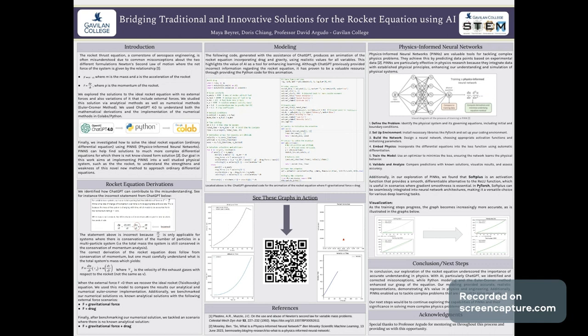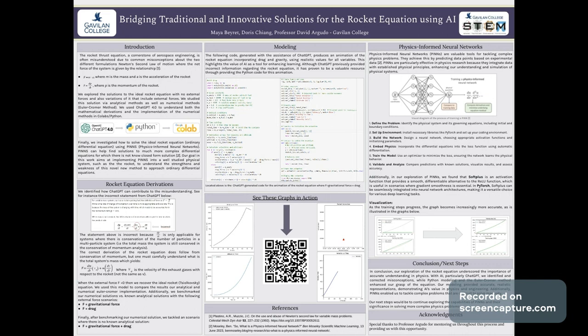After we became more familiar with the rocket thrust derivations, we moved on to modeling it using ChatGPT and Google Colab. What we did here was compare the numerical solution and the analytical solution.